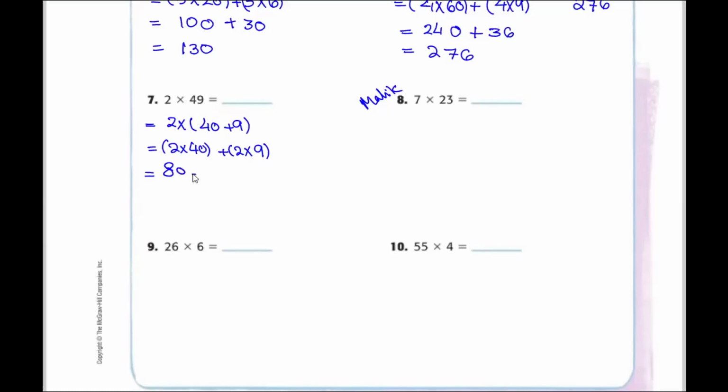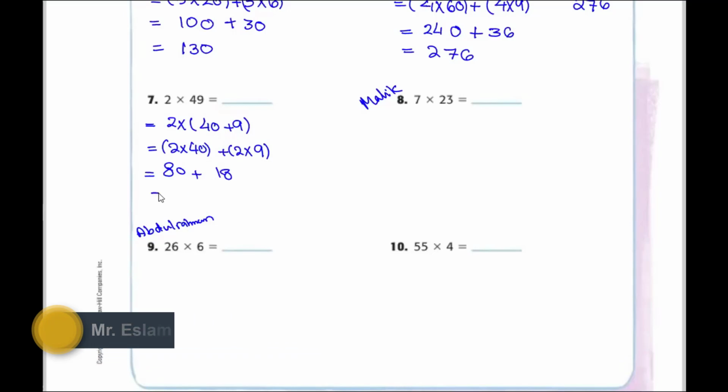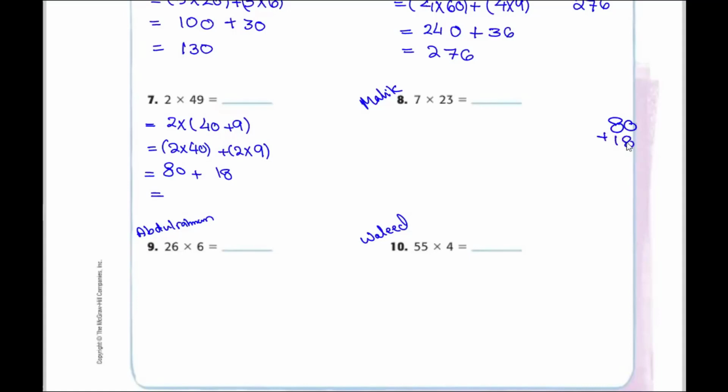So it would be 80. And then 2 times 9 equals 18. What is the answer? Just add 80 plus 18. 98. Yes, perfect. So the answer now would be 98.